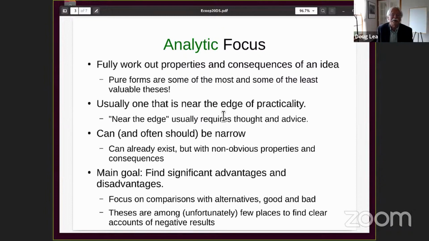Theses are a great place to put negative results, a great place to put, I tried this, it didn't work, here's a little postmortem. I often say that theses and poster papers are the best places to look for ideas that didn't go anywhere, because they don't make it in most publications.